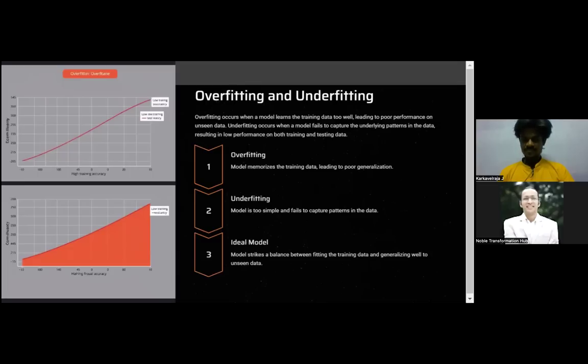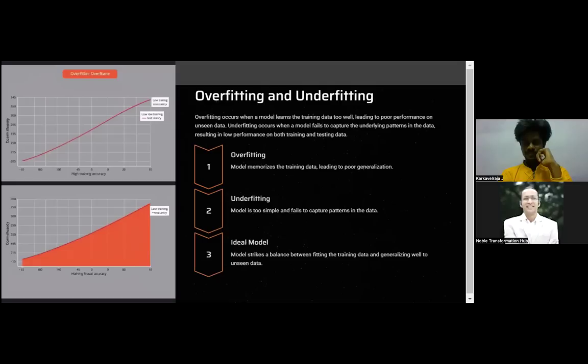Overfitting: the model memorizes the training data, leading to poor generalization. Underfitting: the model is too simple.